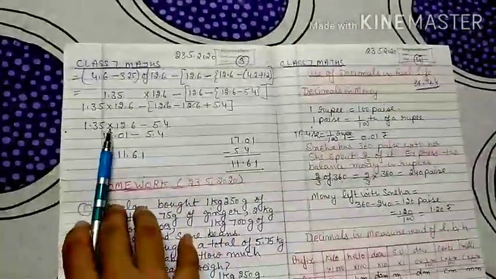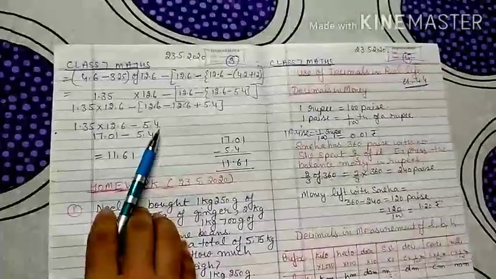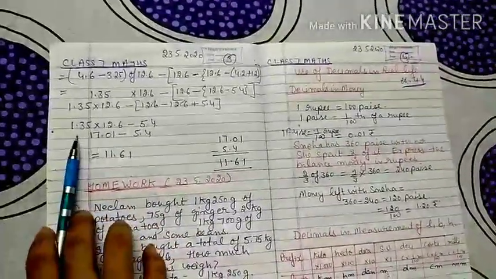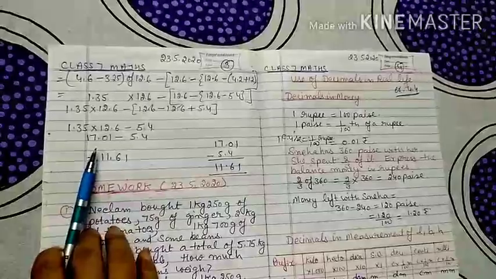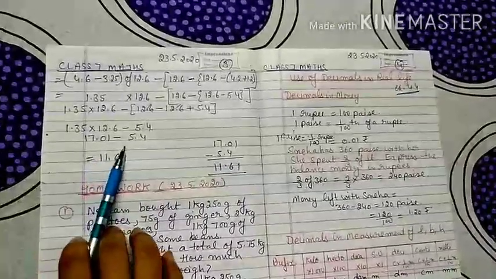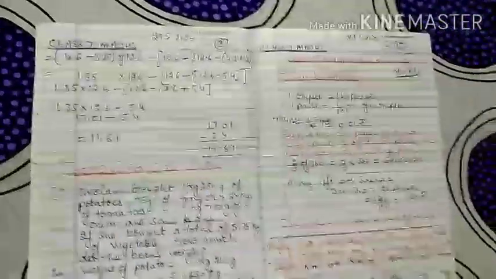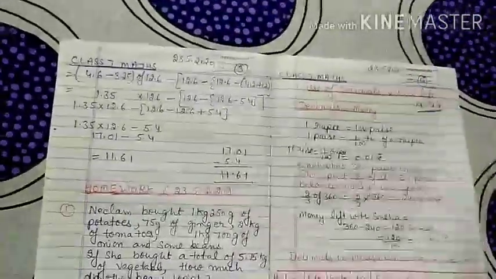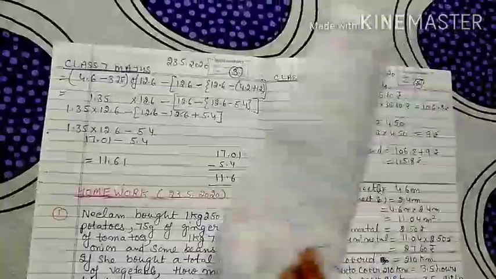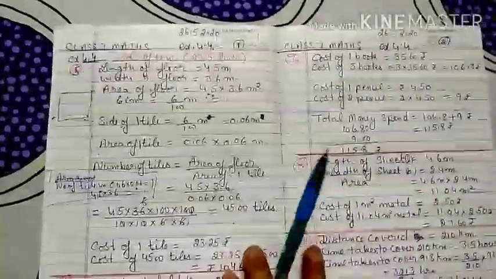Now 1.35 into 12.6 minus 5.4. Now when you multiply 1.35 into 12.6, that gives you 17.01 minus 5.4. When you subtract, you will get 11.61. That was your fourth question. Now your fifth question.